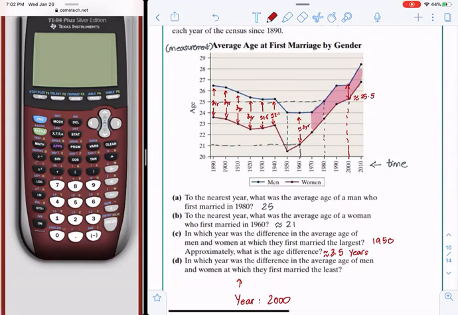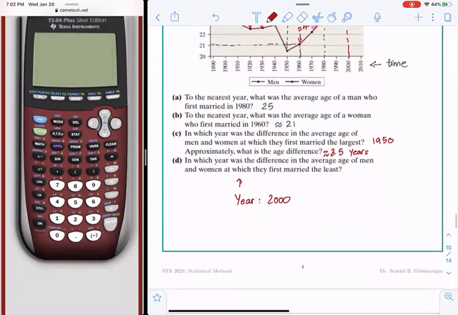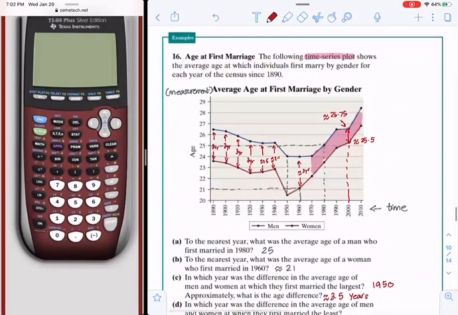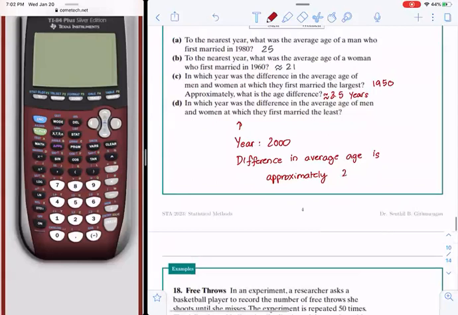And that is perhaps 26.75 approximately. So the gap is approximately 26.75 minus 25.5. So that would be 1.25.